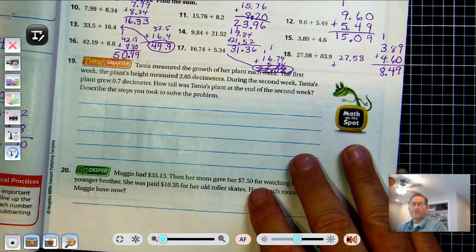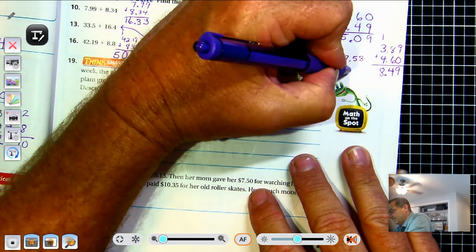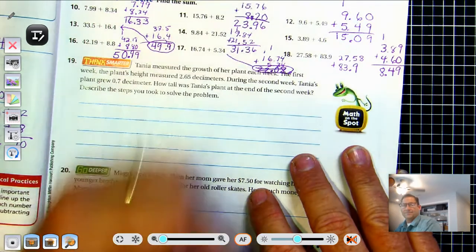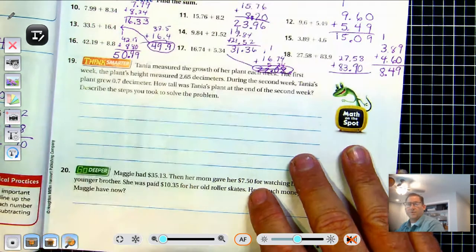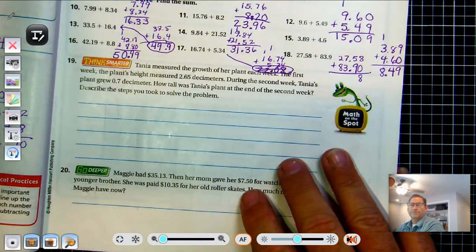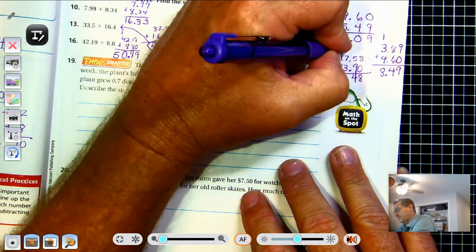27 and 58 hundredths plus 83 and 9 tenths. We can add a 0 in the hundredths, so they both are in the hundredths place. 8 and 0 is 8 hundredths. 9 and 5 tenths is 14 tenths.